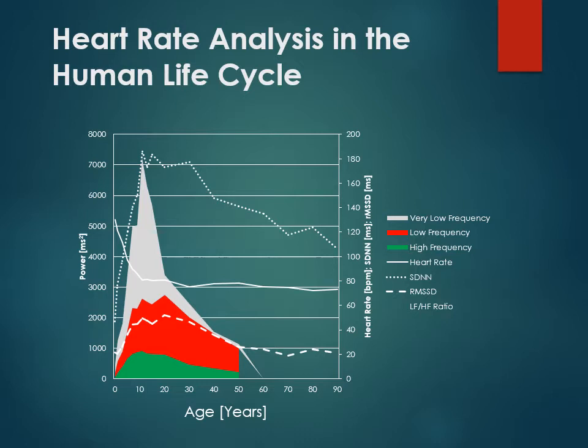The vagus activity is represented by the RMSSD value and the high frequency power of fast Fourier analyzers. There is an increase until puberty and a further decline until death.